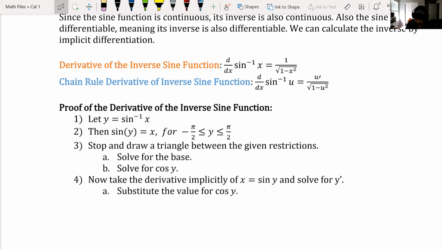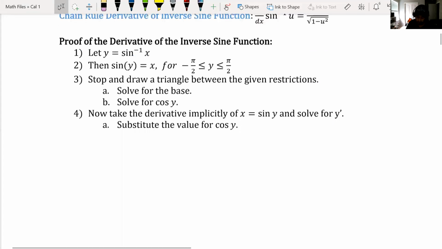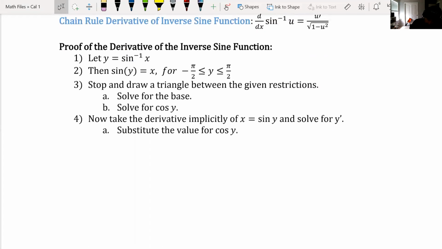Now we want to prove the derivative of the inverse sine function. So I'll work through these rules. Step 1: let y equal the inverse sine of x.